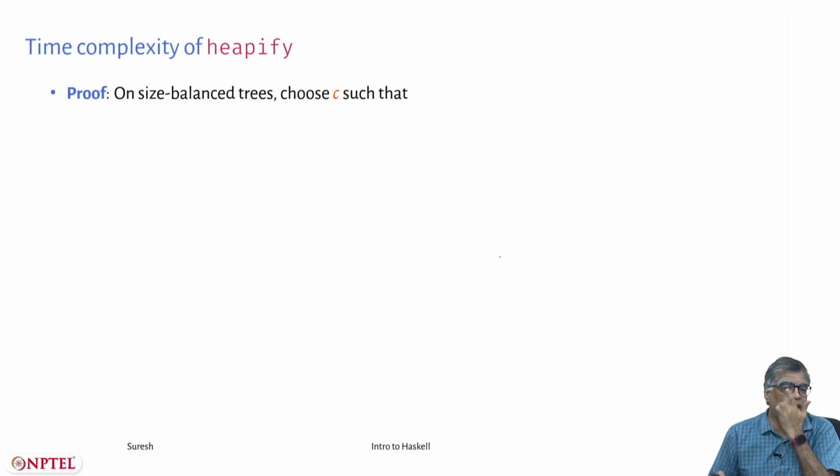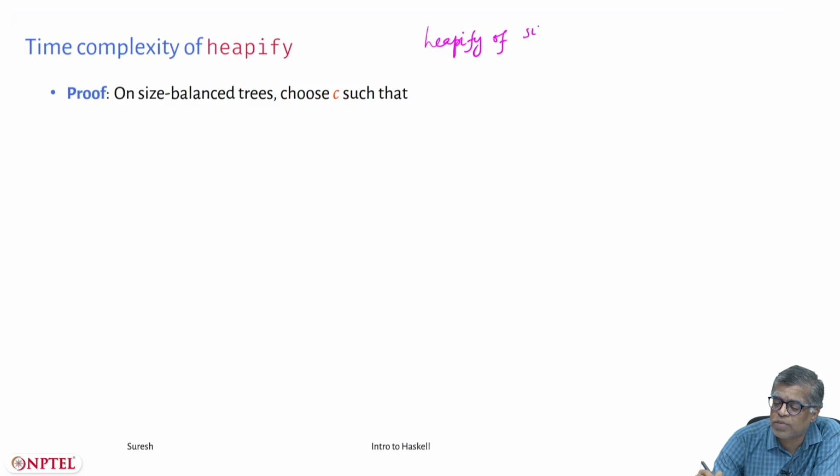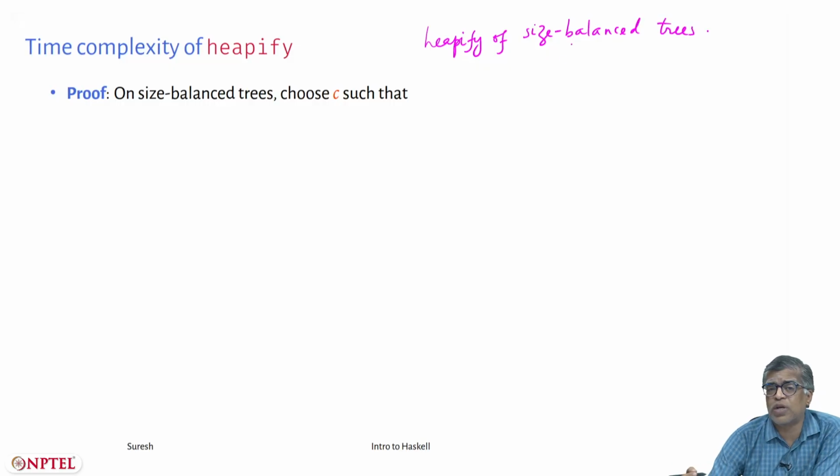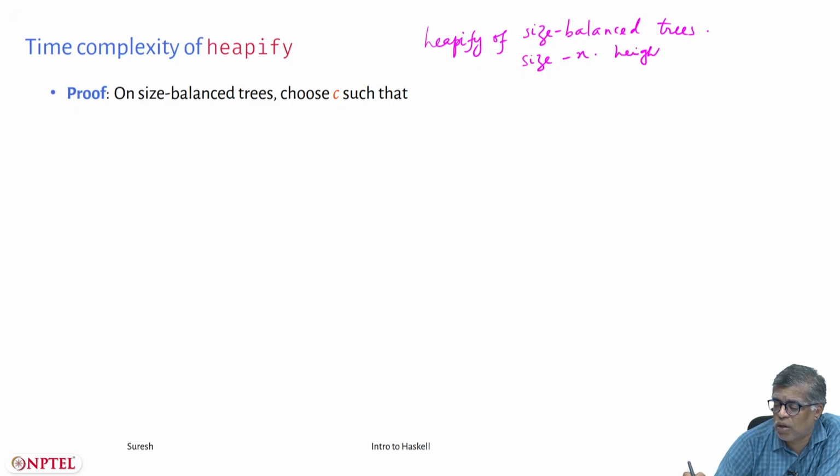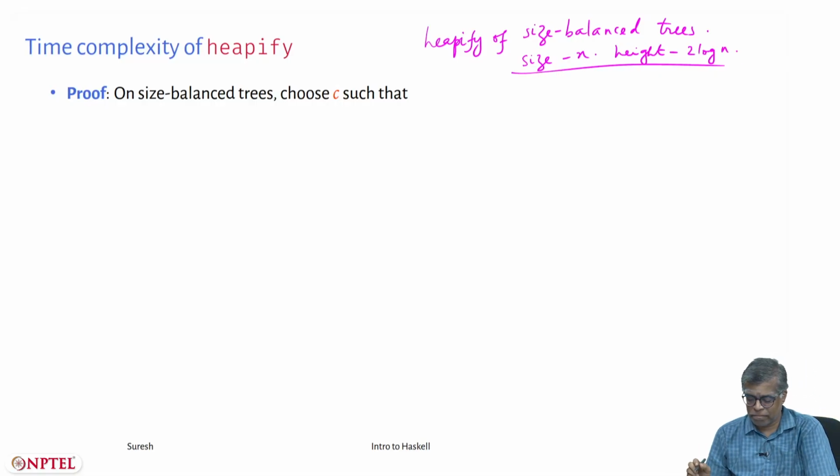Okay, now let's prove the order n time complexity of heapify on size balanced trees. What is the important property of size balanced trees? The size is n, height is somewhat like log n, let's say 2 log n or something. That is the property that we want to use.